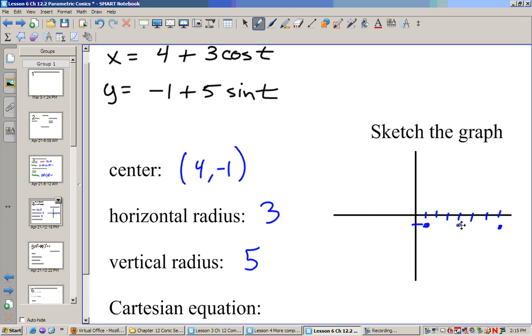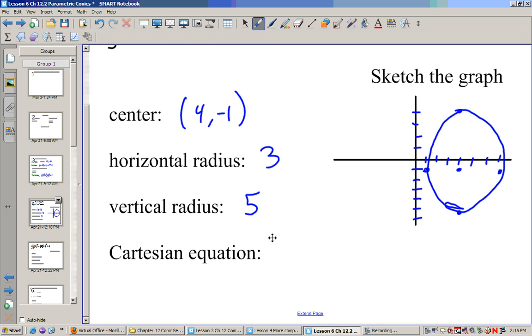And in the y direction we go 5 up, 1, 2, 3, 4, 5. 1, 2, 3, 4, 5. And hopefully you can see that this is an ellipse. There you go. I drew it kind of poorly, but hopefully you can see what's happening.